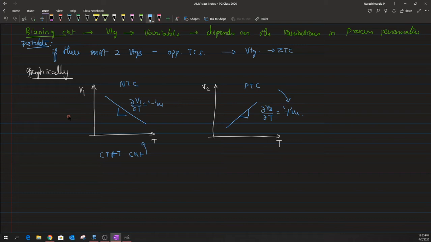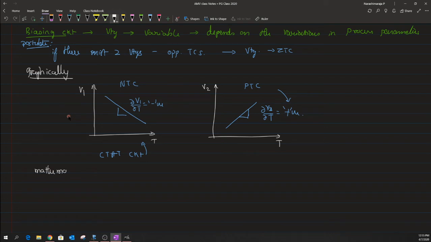when we have such characteristic graphs for both V1 and V2, then we can combine them and create a voltage reference which is completely independent of the temperature. Mathematically, one could write it like this.